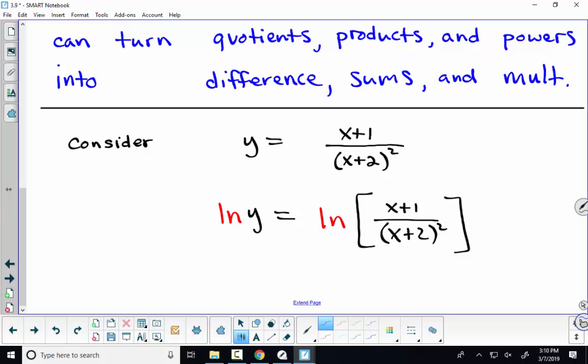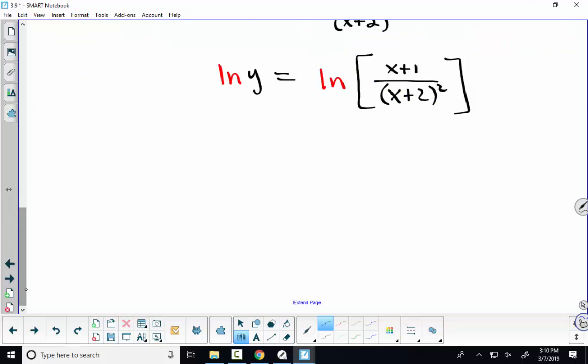Now, there's nothing we can do at this point with just the log of y. But on the right-hand side we do have the log of a quotient. So we take the log of both sides and now simplify with properties of logarithms.